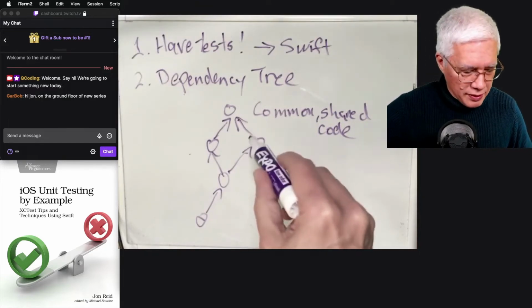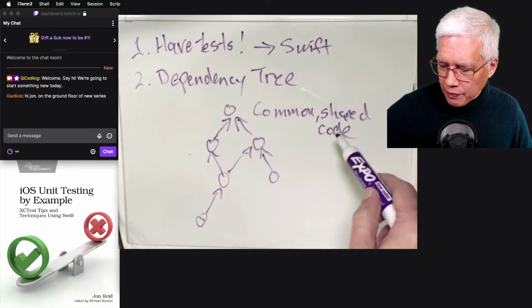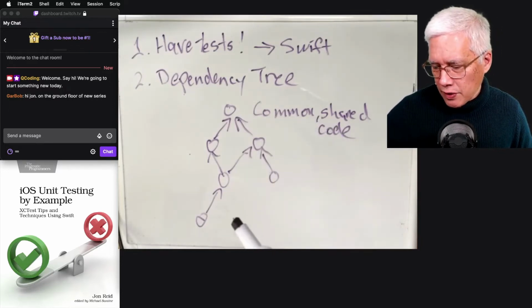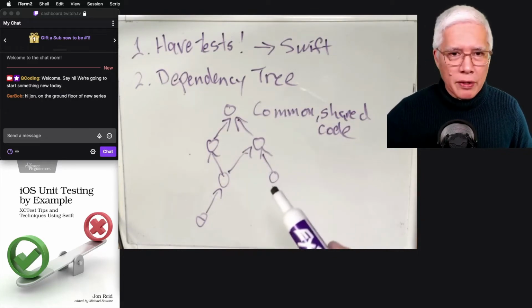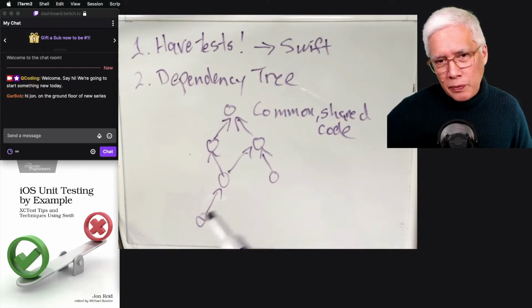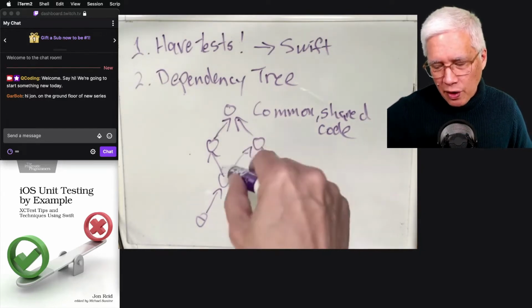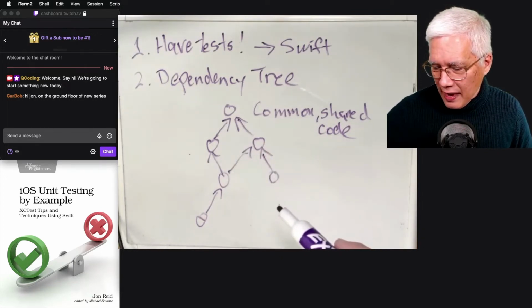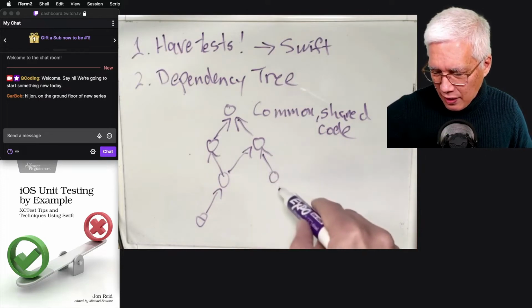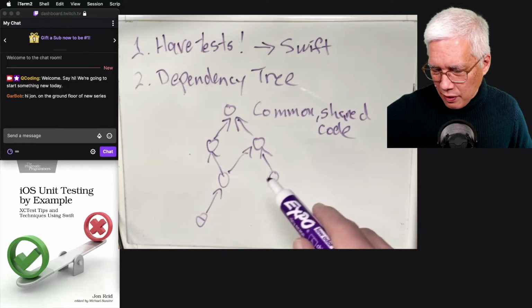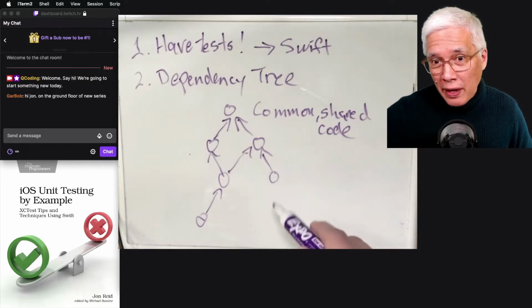Why do I say this? Because a mistake I've seen is to say, okay, here's the common code, let's move that over. Let's make it Swift code that continues to work for Objective-C by marking it as such. And so then you end up with Objective-C code depending on Swift code.